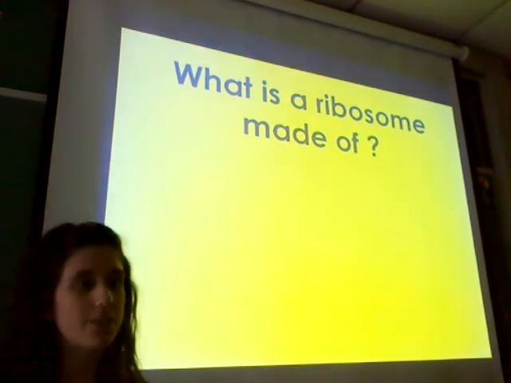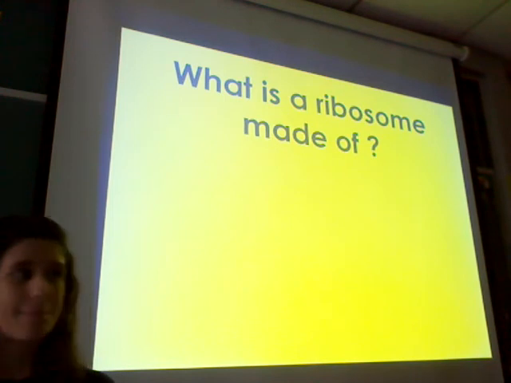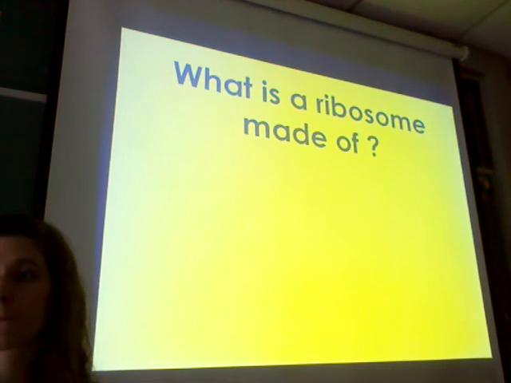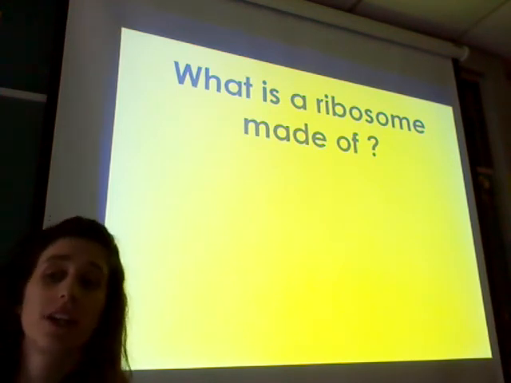Alright, and what is a ribosome made of? Kind of going back to the very beginning. Nope, they build proteins. You said in order to make proteins, it has to have proteins. Right, so it's kind of made of protein. No, because RNA.